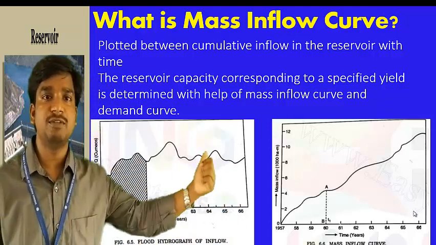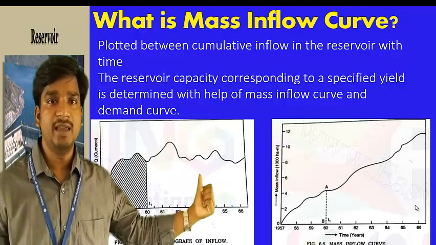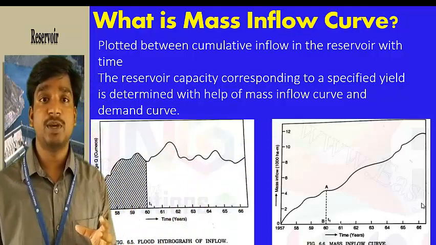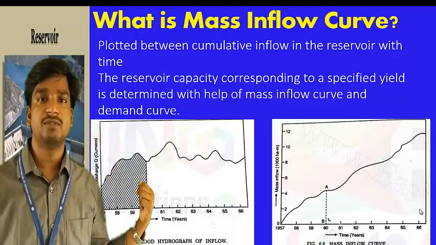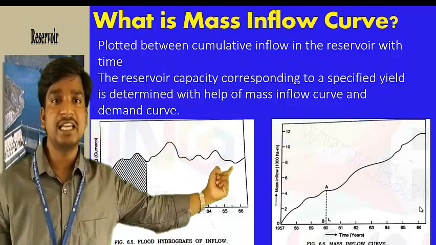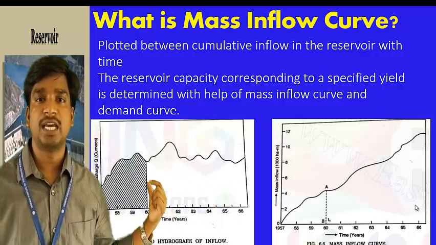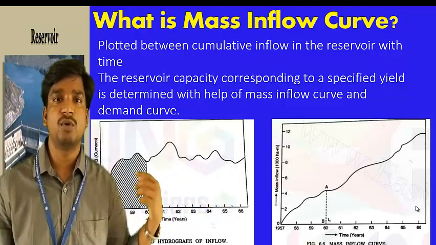Here you can see the difference between these two graphs. The first graph is continuously fluctuating, whereas the mass inflow curve is continuously rising. That is because the second graph is the accumulated values of the first graph. The mass inflow curve is prepared based on the unit hydrograph, so that is the reason for the continuous rise in the mass inflow curve.